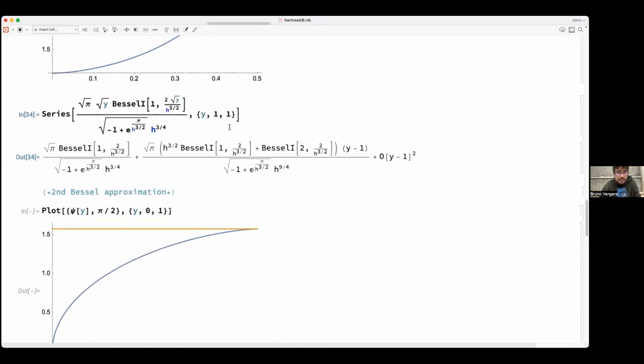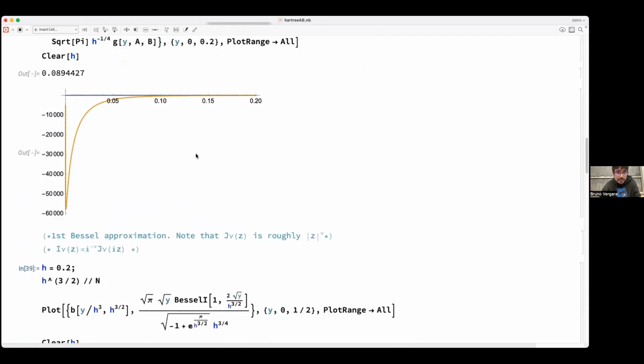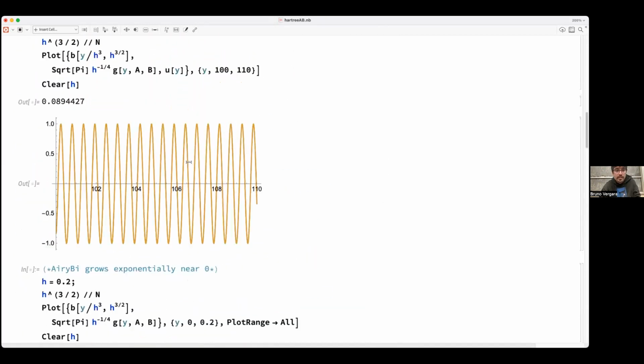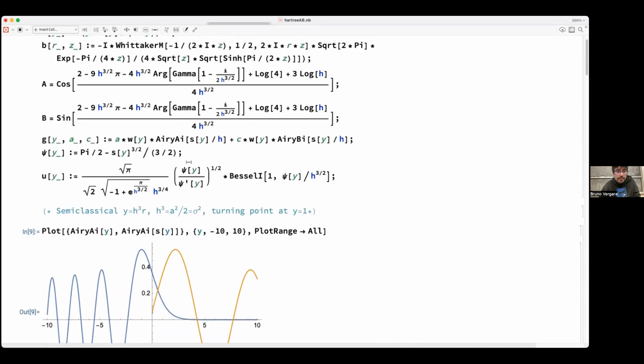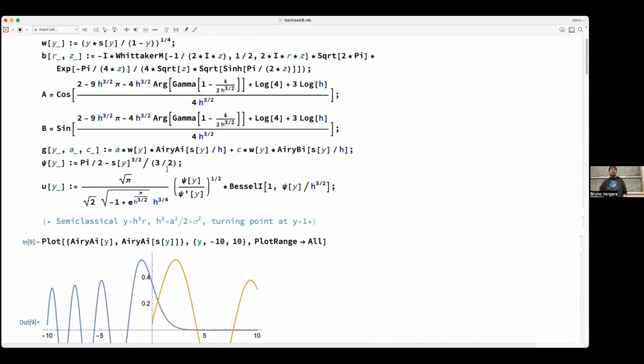And let me show you a little bit of what our findings are on the same kind of problem. So here the function that I want to show you is this function G, the true eigenfunction of my ODE as before, but to the right of the turning point.